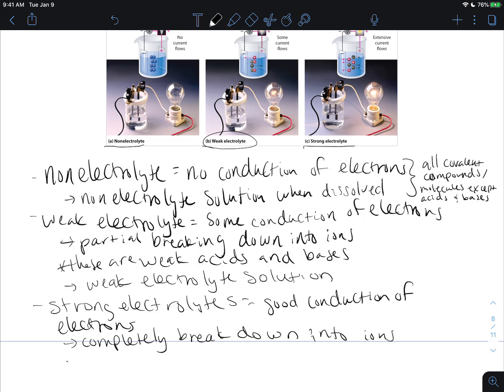And these are going to include ionic compounds, so all ionic compounds, along with strong acids and bases.